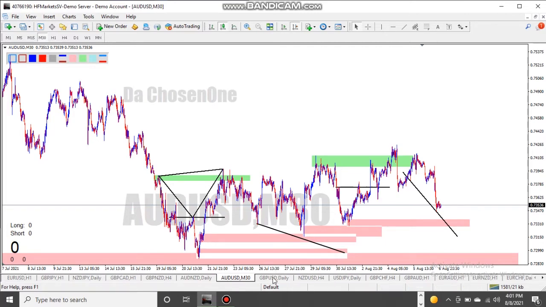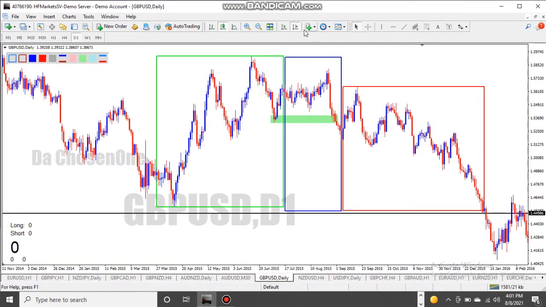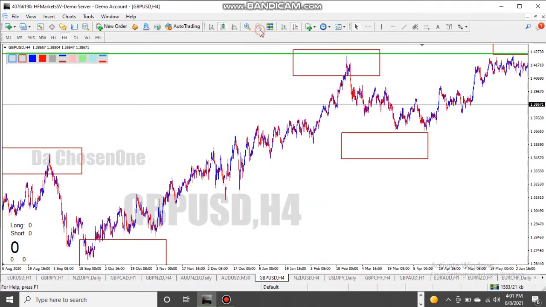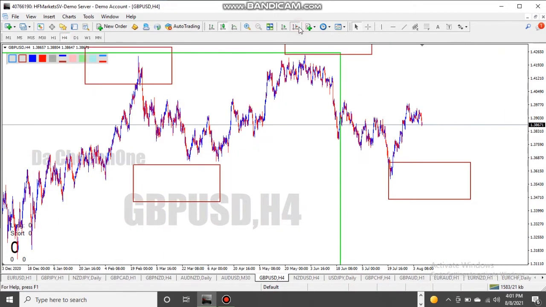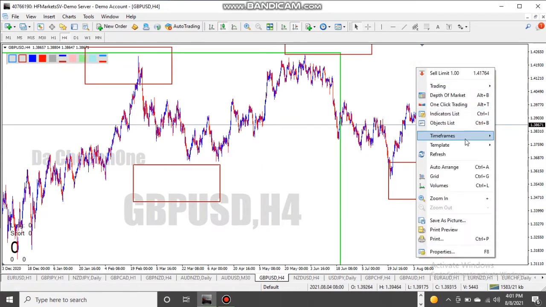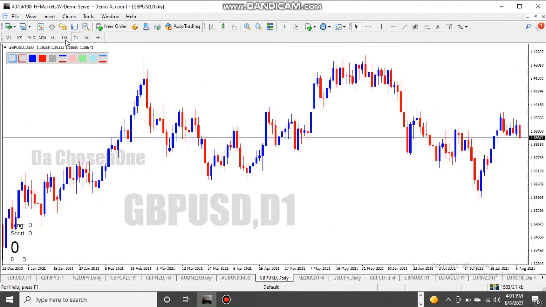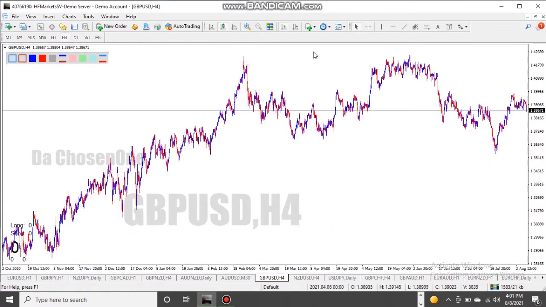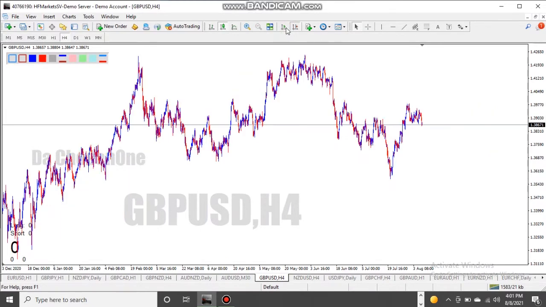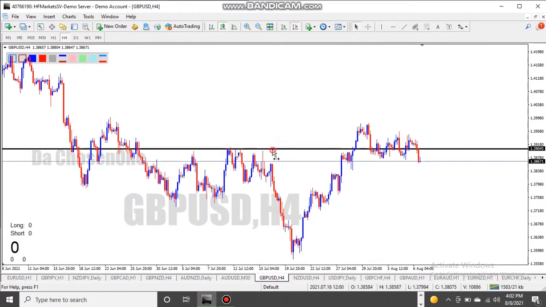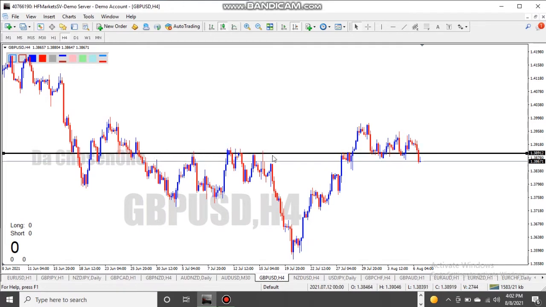So another pair we can check out is Gbp Usd. With Gbp Usd, as you can see, this is an SR flip.